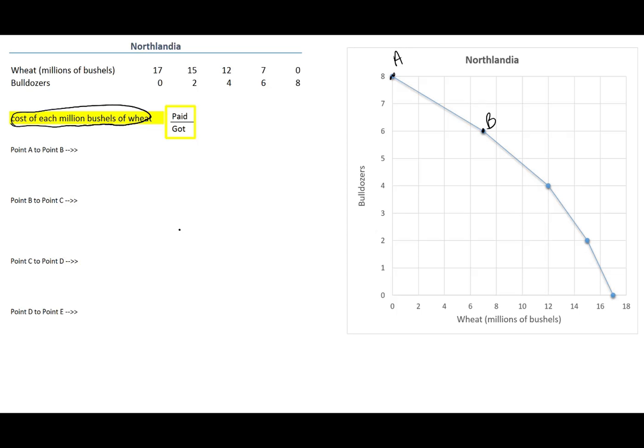So between A and B, we have a loss of 2 bulldozers, negative 2 BD, and we have a gain, a plus here, of 7 million bushels of wheat. So in our formula, we lost 2 bulldozers between points A and B, and we'll divide it by what was gained, which was 7 million bushels of wheat.